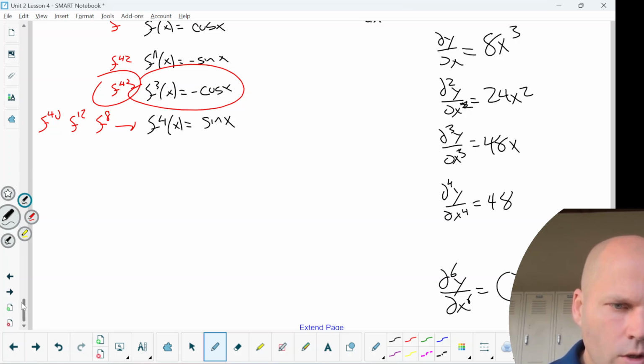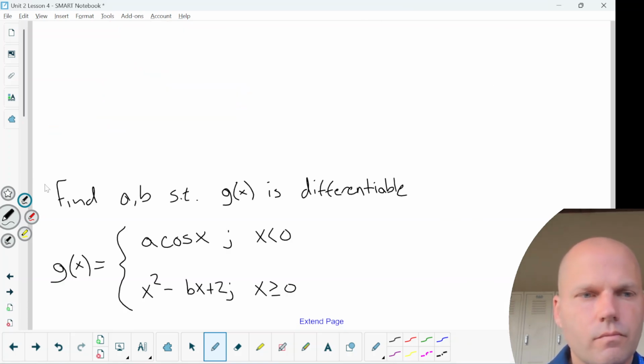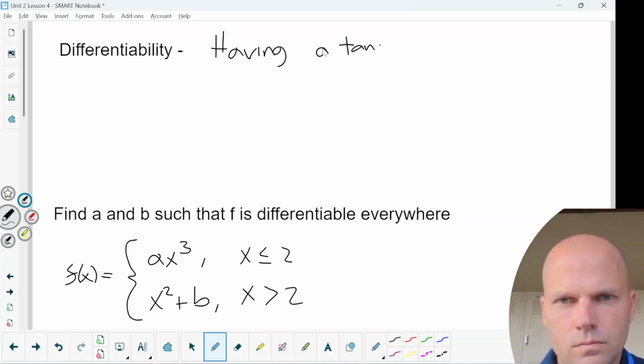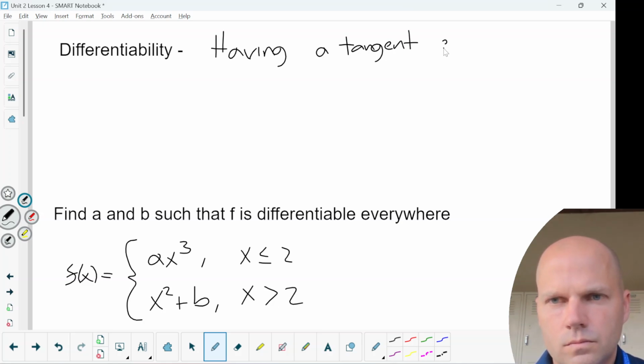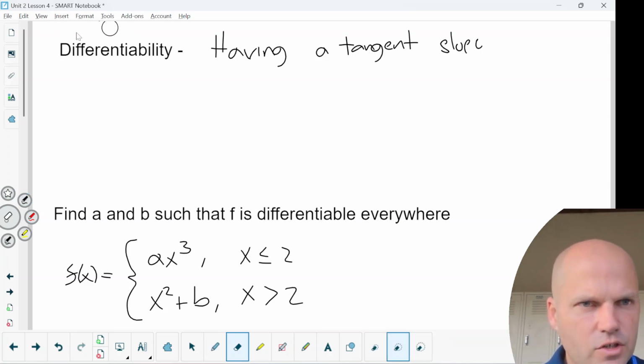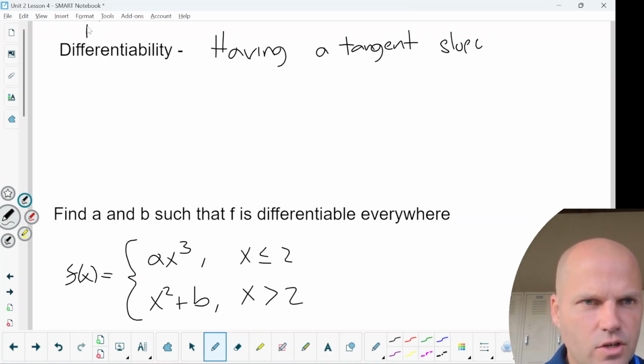Cool. All right, next type of question. Differentiability. Having a tangent slope. We say a function is differentiable if it has a tangent slope at a point.